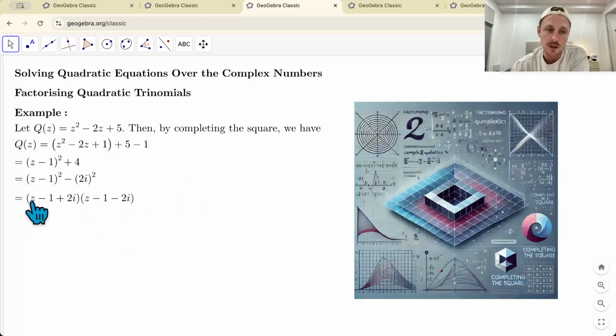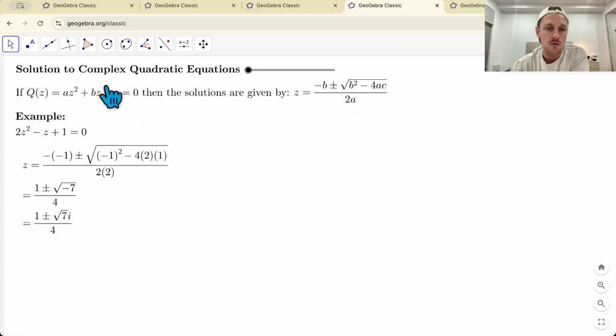I suppose what I'll point out is this could be very useful for solving complex quadratics, which is what we're going to look at next. So let's have a look at that. Just like in regular number land, real number land I should say, if you have some quadratic, in this case being complex now, so q of z equals az squared plus bz plus c equals 0, then the solutions are given by the quadratic formula.